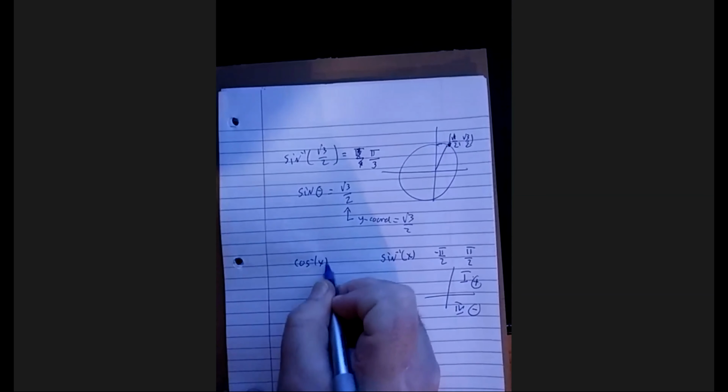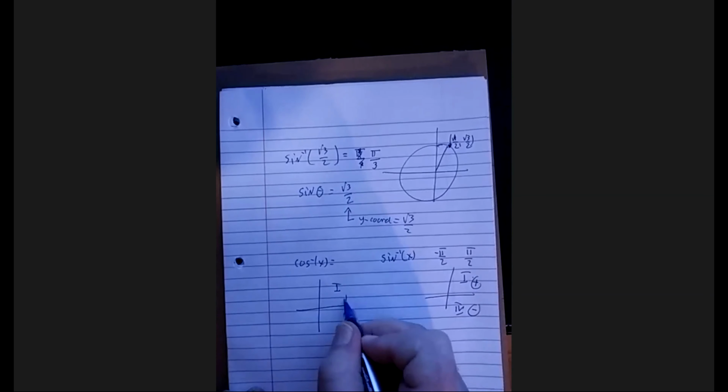If you do an inverse cosine, the angle that you get, if it's positive, you're going to get it in the first quadrant, and if it's a negative answer, it's going to come out of the second quadrant. And if you do an inverse tangent, you're only going to get answers from here and here.